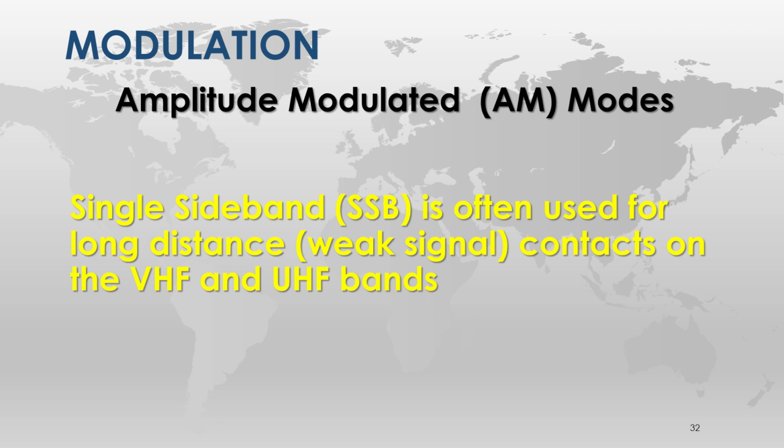That are doing 2 meter sideband because you can reach Roseburg even from here. But you can't do that on FM. But on AM sideband, you can. Sometimes. I haven't figured out how to do it yet, but I don't have a beam pointing that way either. So single sideband is often used for long distance weak signal contacts on the VHF and UHF bands.